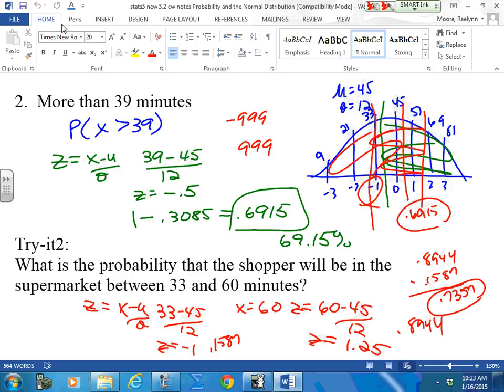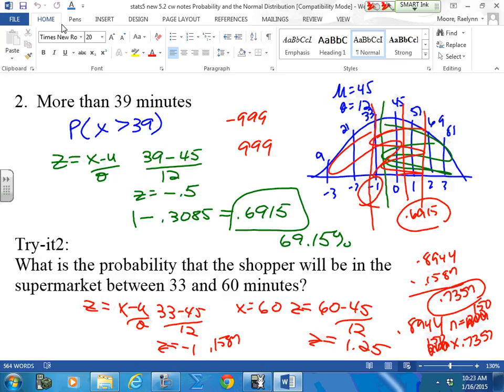Now, if 200 shoppers enter my supermarket and we follow this pattern, we will predict that about 73.57% of the 200 will stay between that amount of minutes. So we multiply 200 times 0.7357 and you round. In the book it says 150. Thank you.